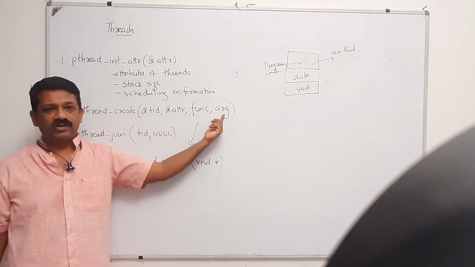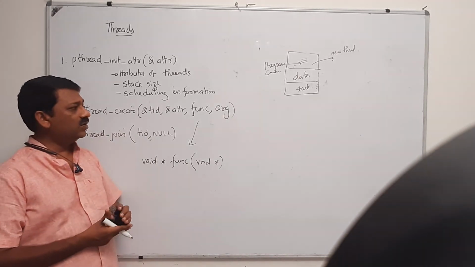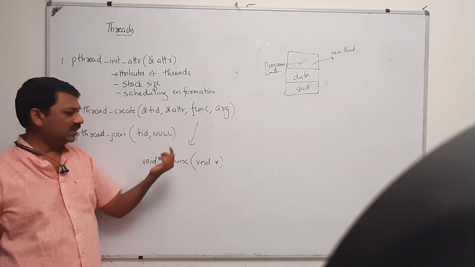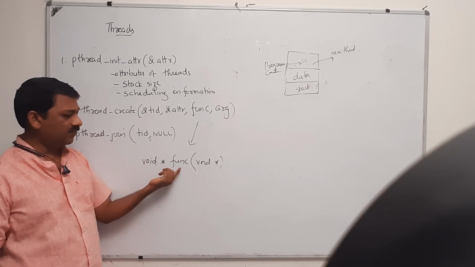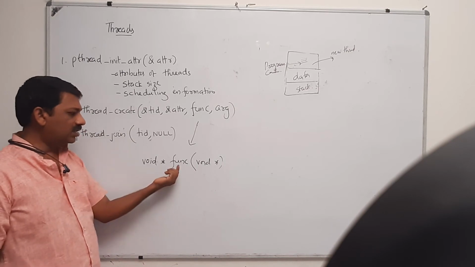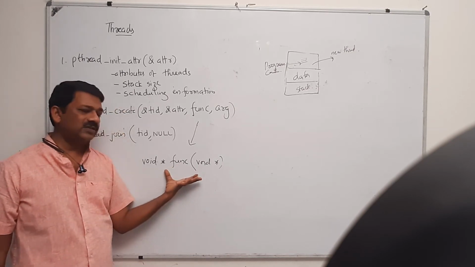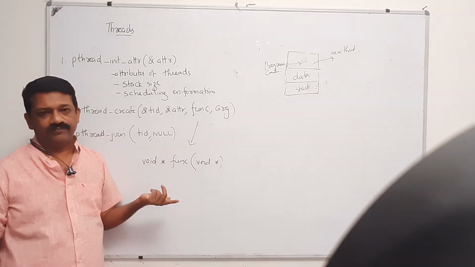And one thing you should remember, when you are creating a function like this, the method signature should be like this: void star function void star. The method signature for that function should be like this, and you have to override that.